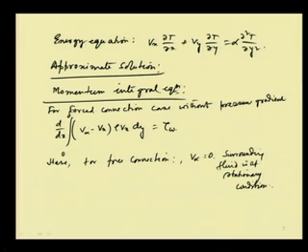Then our equation becomes d dx of integral 0 to delta rho Vx square dy, and that is equal to minus tau w.